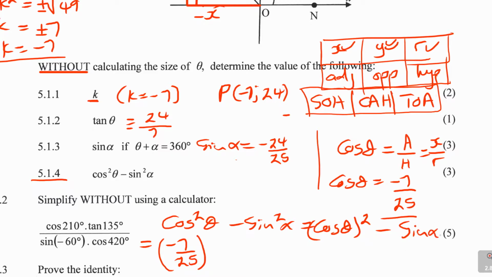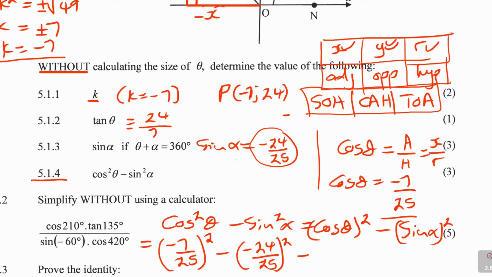So don't get confused: bracket squared. That's why you put a bracket and then put the squared outside, and then minus sine squared alpha, which is bracket negative 24 over 25, squared.